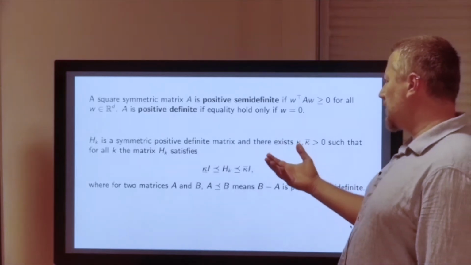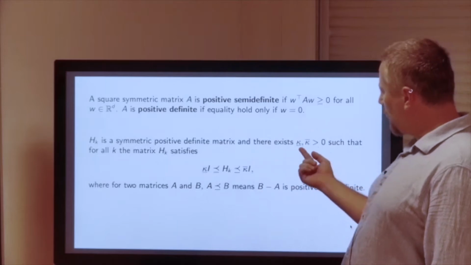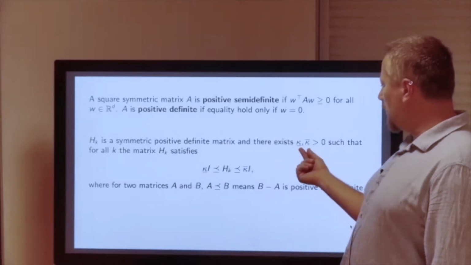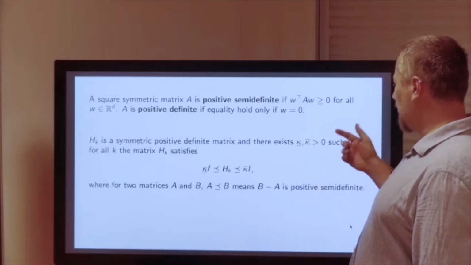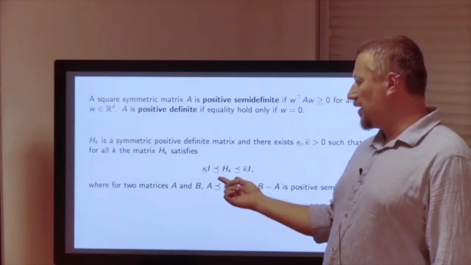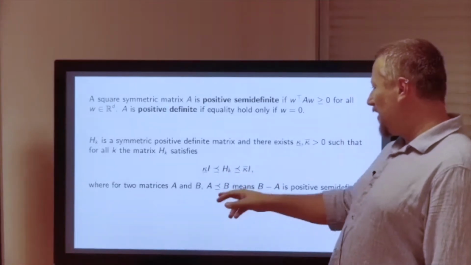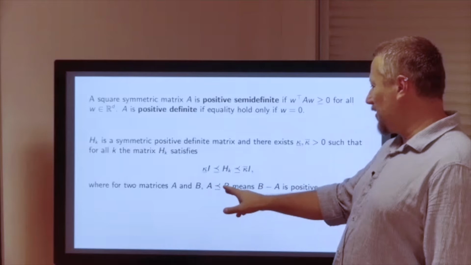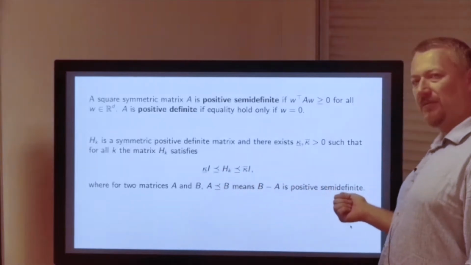And this matrix is symmetric, positive definite, and you can find two positive constants, kappa underline and kappa overline, such that this inequality is satisfied, where A smaller than or equal to B means B minus A is positive semi-definite.